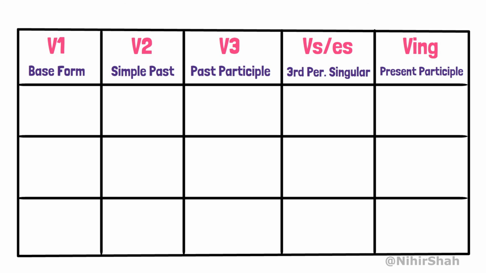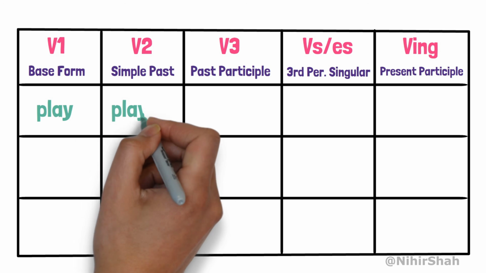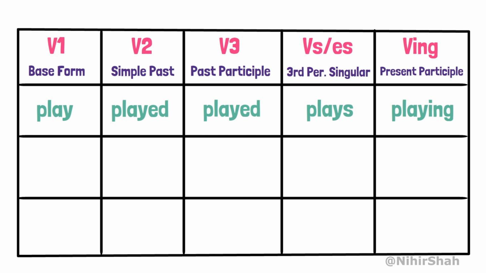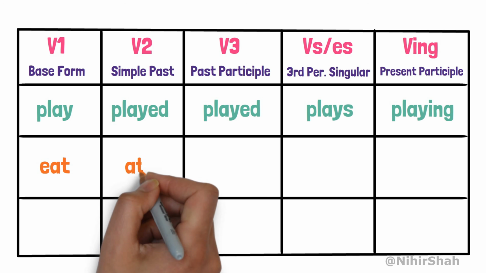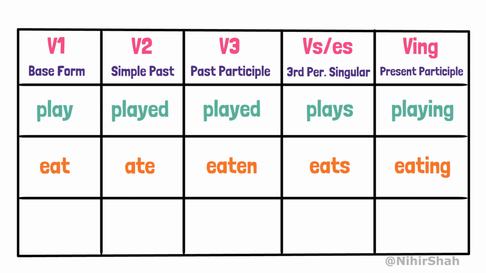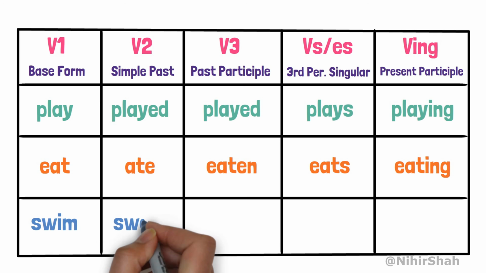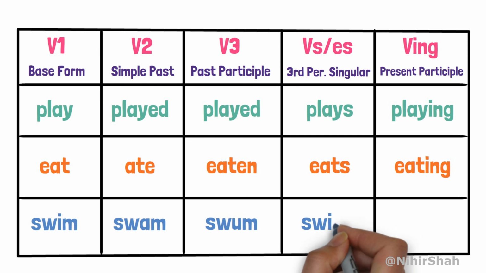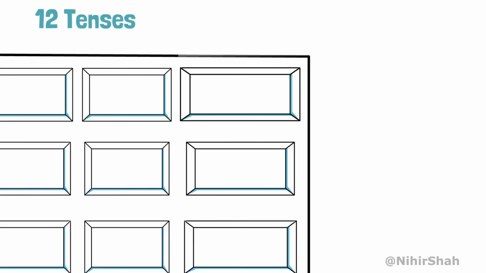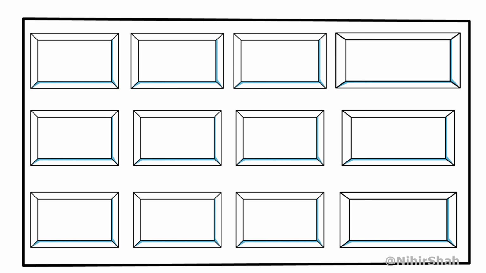For example, play, played, played, plays, playing. Eat, ate, eaten, eats, eating. Swim, swam, swum, swims, swimming. So these are the 5 verb forms. Please remember them. Now, let's delve into each tense.